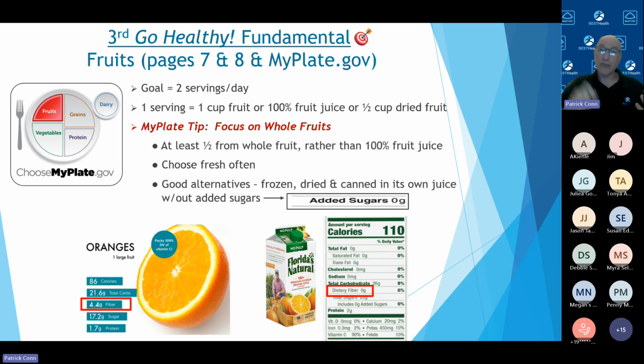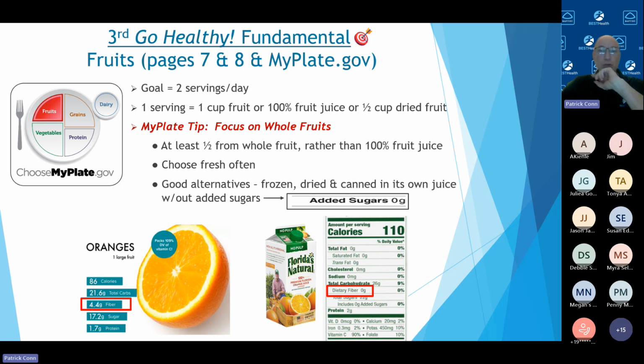Under total carbohydrates, it'll have a thing that says added sugars. And if it says 0 grams or a 0% daily value, that means it does not have added sugars, which is very important. And we're going to have a session during this 13 weeks where we're going to decode food labels for you. Okay. So that's a quick rundown on your fruits.